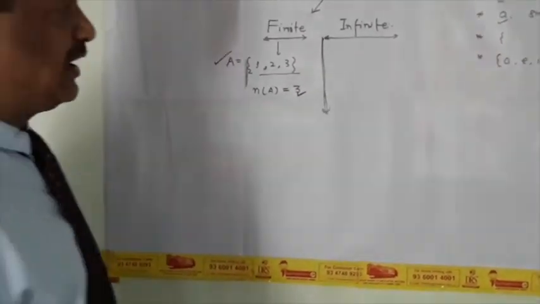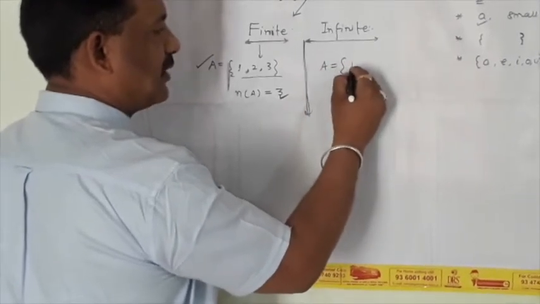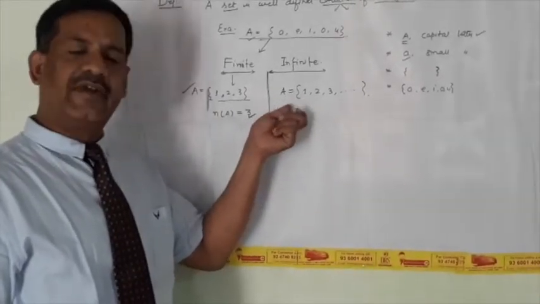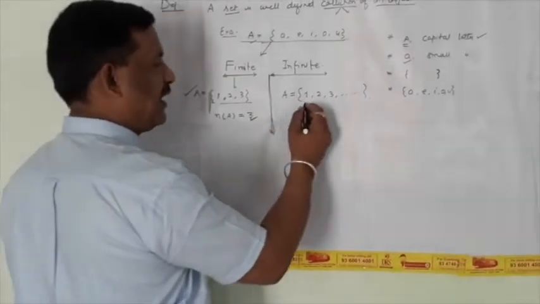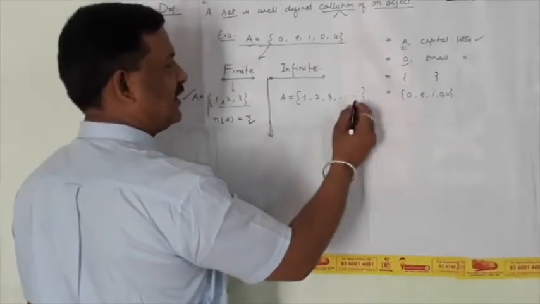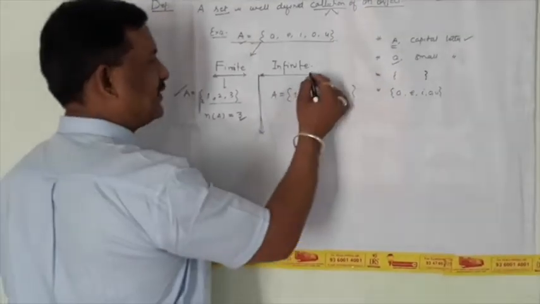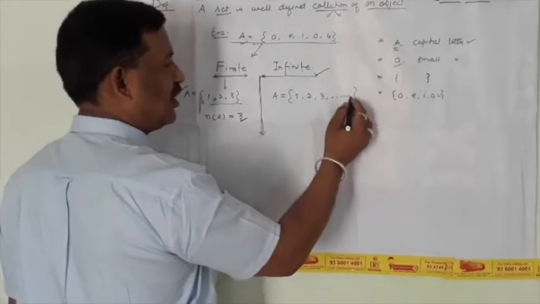Now let us move on to another set which is called an infinite set. For example, curly bracket 1, comma 2, comma 3, dot dot dot. In this set also, the elements are listed by using commas and curly brackets, so this is the way to represent the set by using roster form. But here the number of elements in the set cannot be counted, so this set represents an infinite set because counting is not possible.